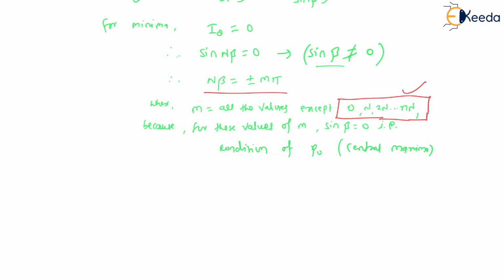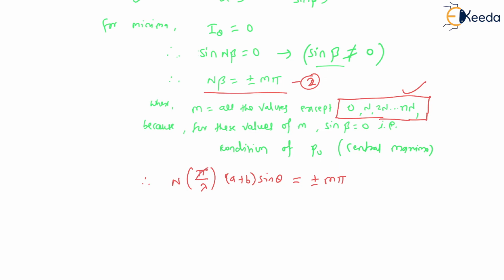Now we will find the condition in terms of path difference. Again, in this equation we'll substitute the value of beta. The value of beta is pi divided by lambda into (a plus b) into sine theta, equal to plus minus m pi.